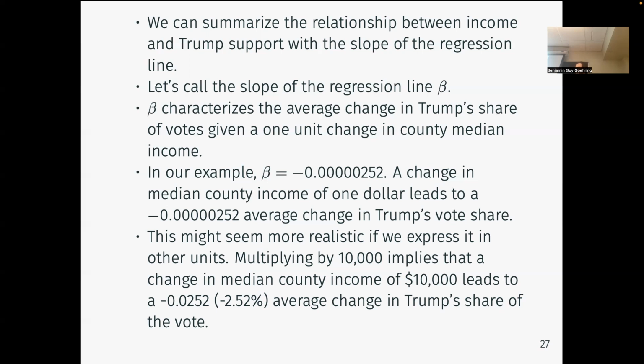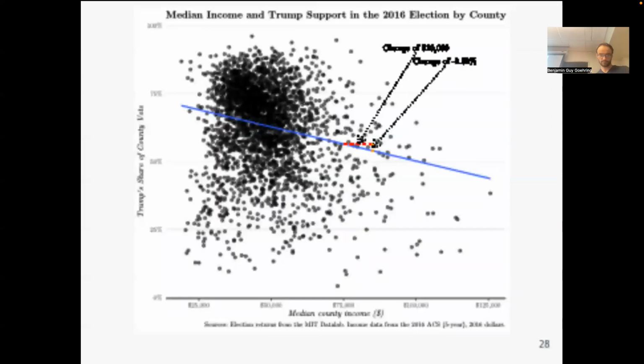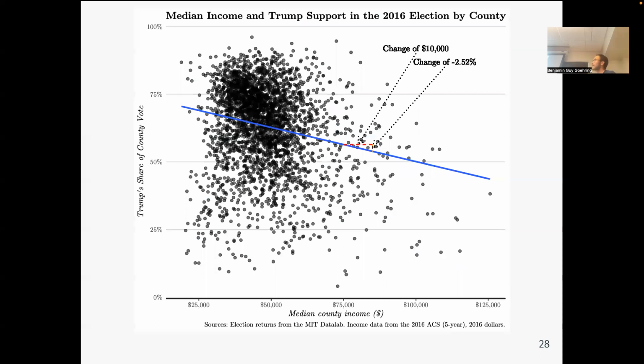That is a massive, massive assumption that, as Daniel pointed out at the beginning, oftentimes might not hold, right? Today we are making that assumption because it simplifies our lives and it's the place to start, but be skeptical of it. Okay, so here is the rise over run visualized. Here we have a change of $10,000.